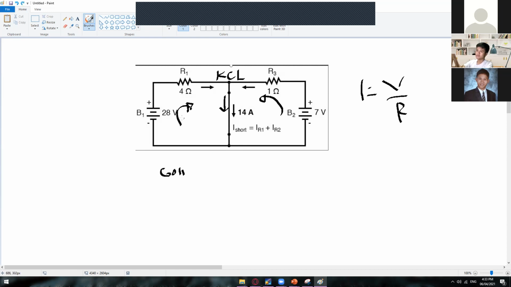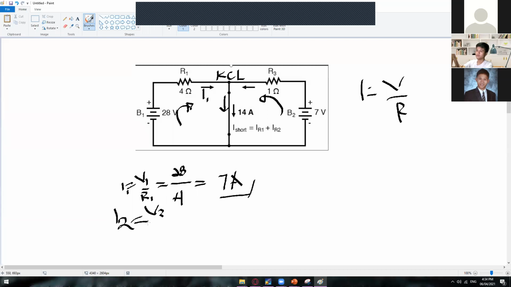So again, just apply Ohm's law. For you to be able to get the current in here, the I1, I1 is equal to V1 divided by R1. So V1 is 28 volts, and R1 is 4 ohms, which gives you 7 amps. That's our I1.